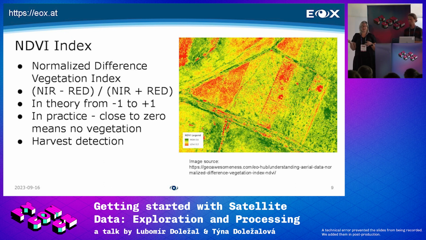This is extremely useful for harvest detection. So we can see that on the field, which is completely red, the harvest probably happened already. It is not so easy to decide just based on this if the harvest really happened. So this is usually one of the many data inputs coming into that. But it is very simple algebra providing a very cool result.